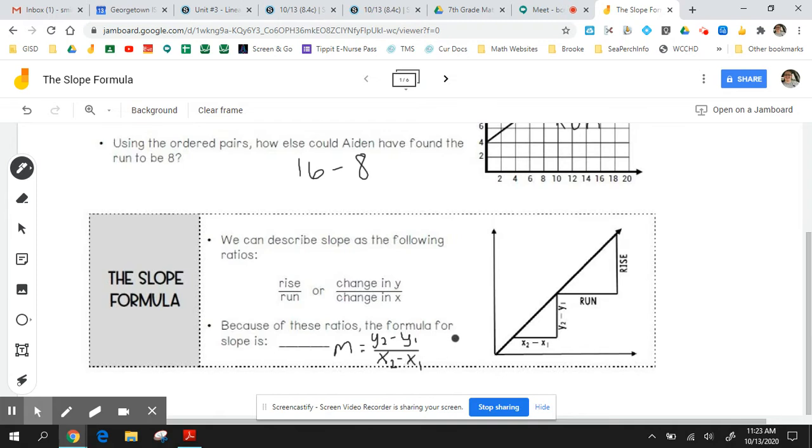Now, this is new for you. You're going to use this formula throughout this video lesson, and in your Schoology for the next coming days. So please write it down somewhere. So it's y2 minus y1 over x2 minus x1. And we're going to use it in the next slide.